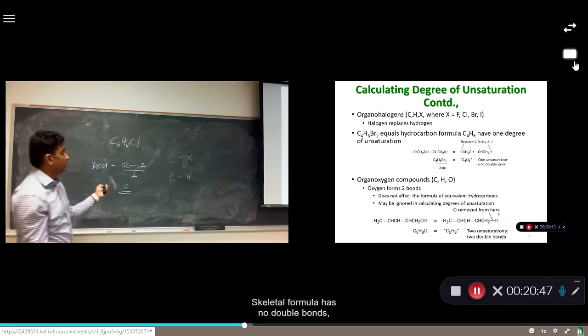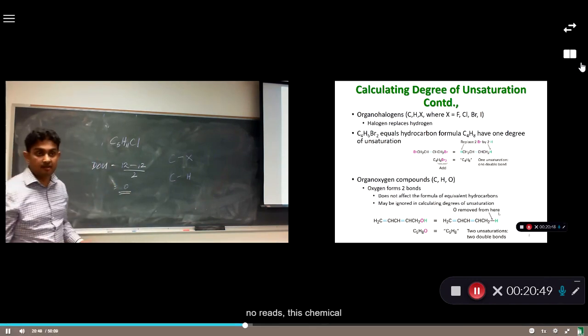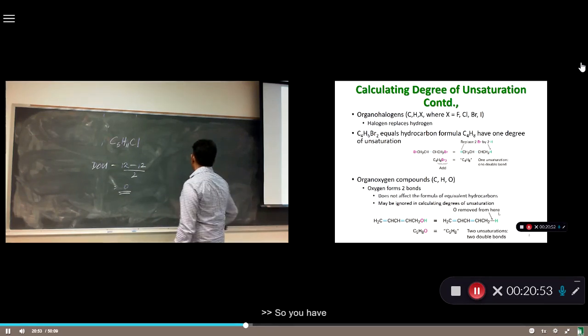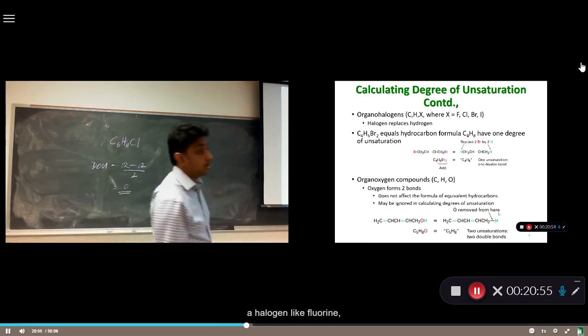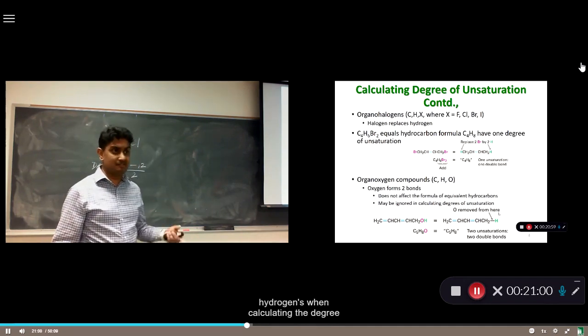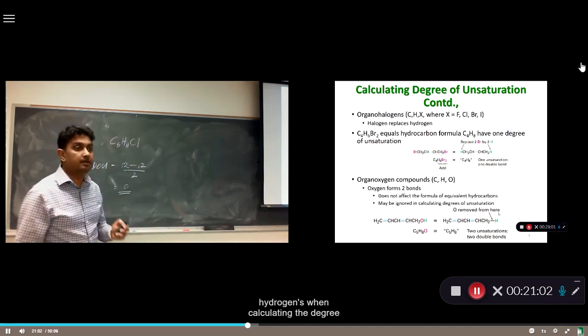So this chemical formula has no double bonds or rings. Whenever you have a halogen like fluorine, chlorine, bromine, iodine, you replace those halogens with hydrogens when calculating the degree of unsaturation.